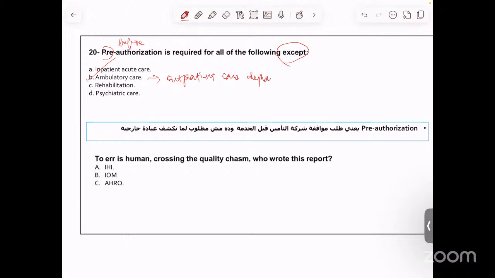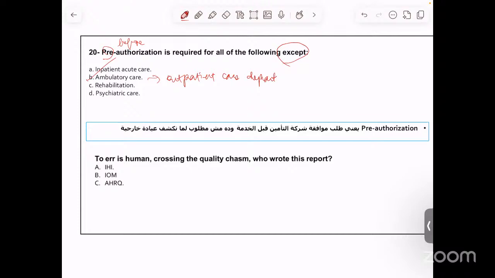Because this refers to outpatient services and they don't need pre-authorization, because these are routine doctor's visits, minor procedures, diagnostic tests, or preventive care like vaccinations or checkups.